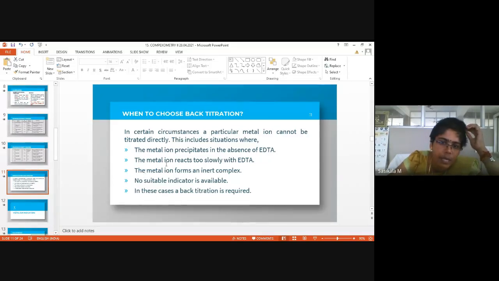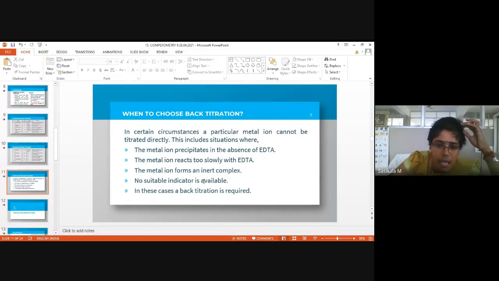Apart from direct titration, these are the parameters we need to consider when choosing other titrations. If the metal ion gets precipitated, then we have to choose another technique. If the metal ion reacts slowly, then we have to choose another technique compared with the direct method. If the metal ion forms an inert complex, not an active complex, then also we need to choose another. If no suitable indicator is available, then we have to go with other methods, either back titration, replacement titration or alkalimetric titration.